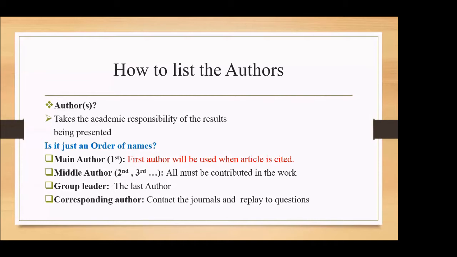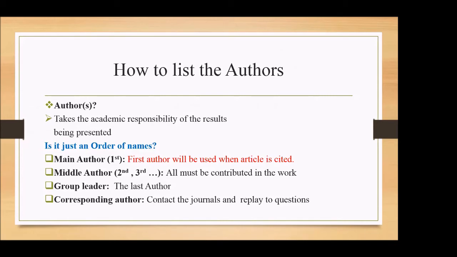No, actually, you're gonna be the main author, yeah? Because this is your work. You are the person who actually provided the idea, who actually worked on this. Your supervisor is the person who leads you towards this. So your supervisor will be the last name, the group leader.